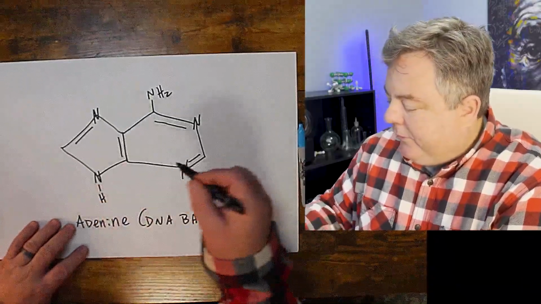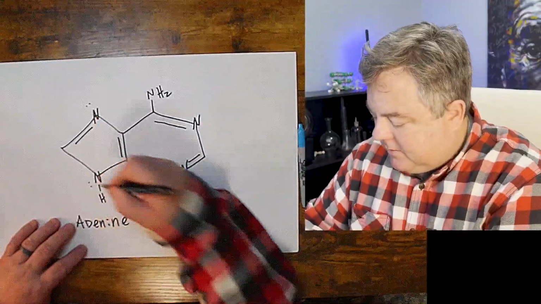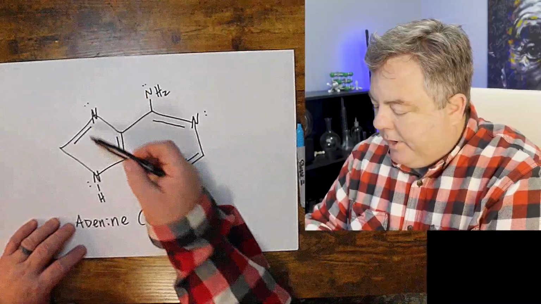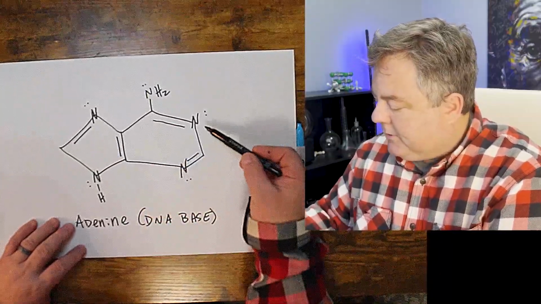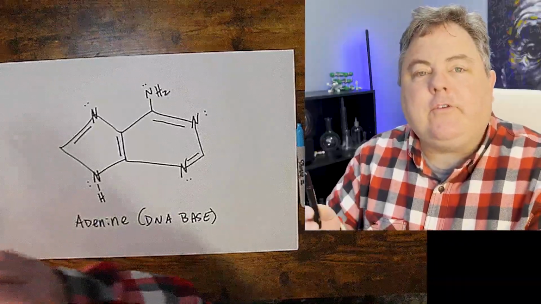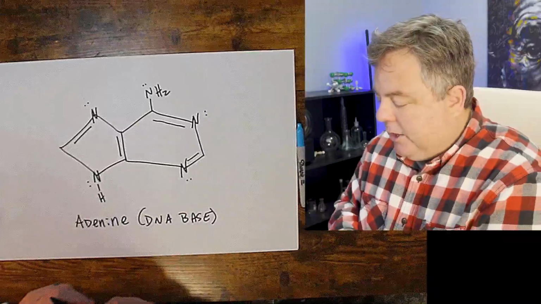All right, so let's look at each of these nitrogen atoms. They each have a lone pair of electrons. They all have 3 bonds and 1 lone pair of electrons. So the trick is, are those electrons in the pi system or are they sticking out sideways? So let's take a look.